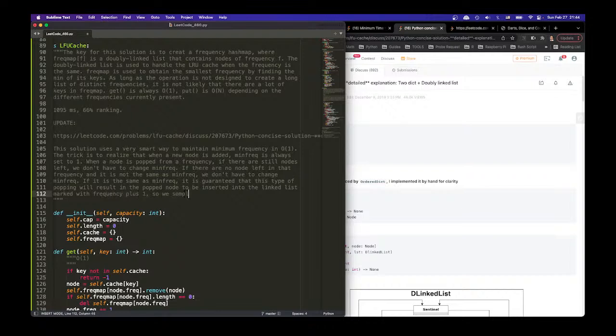So simply update minimum frequency to plus 1.